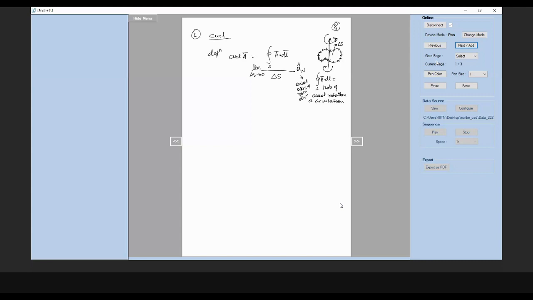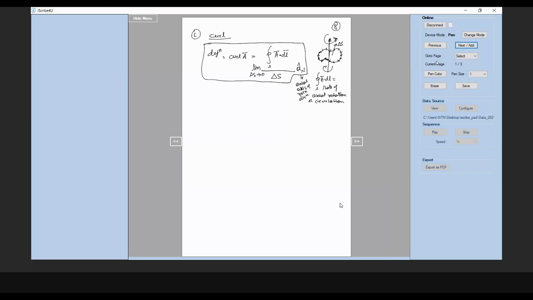So this will always come, and it is quite evident that this is the curl definition. It is the rate of net circulation or rotation per unit area enclosed by the closed path, and the outcome of it is always going to be a vector.